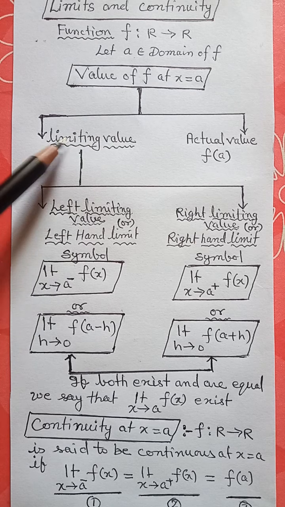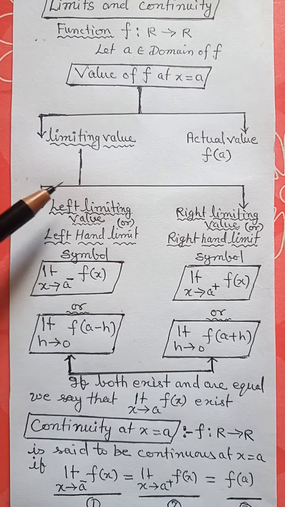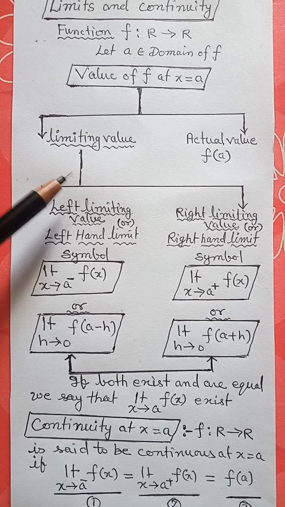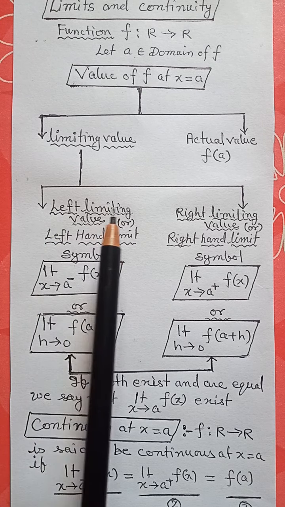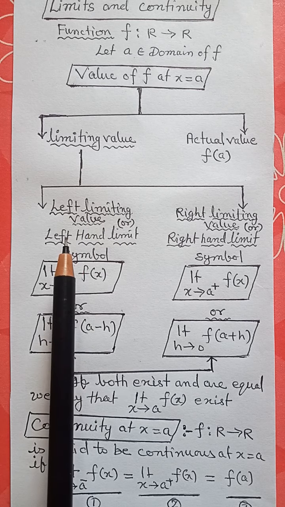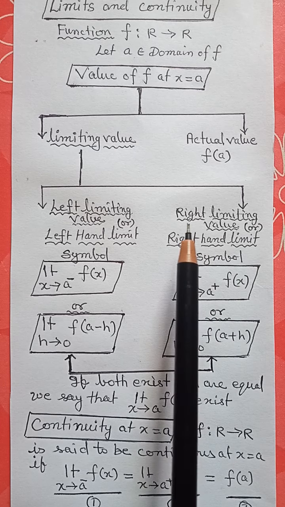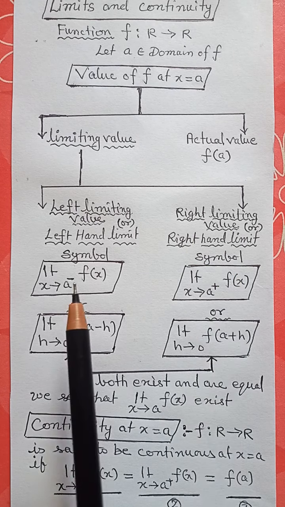By saying the limiting value, we mean two types of limiting values. That means limiting values are further categorized into two categories. The first one is the left limiting value or left hand limit, and the second one is the right limiting value or right hand limit.